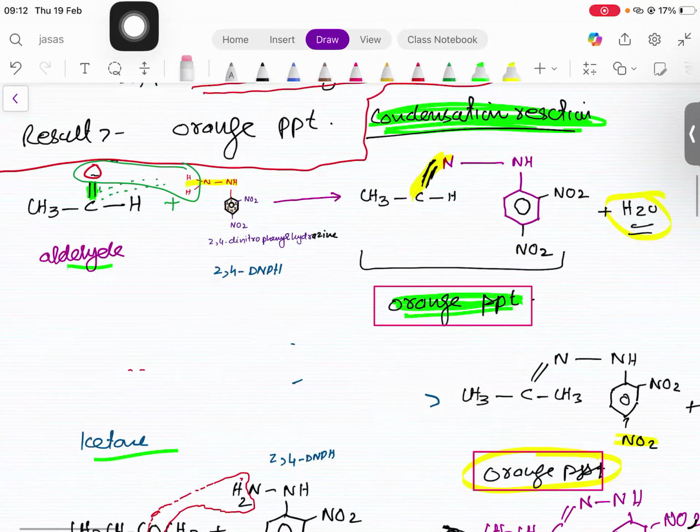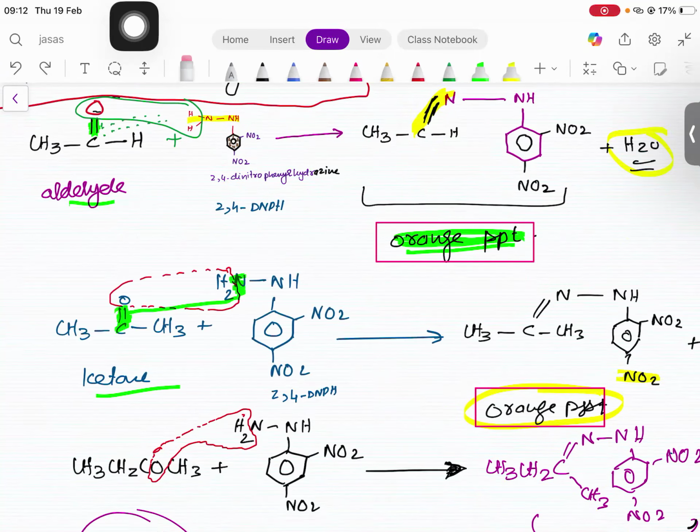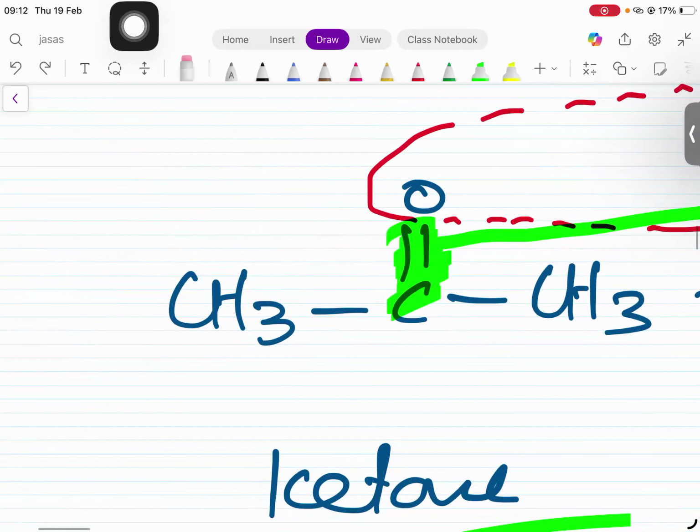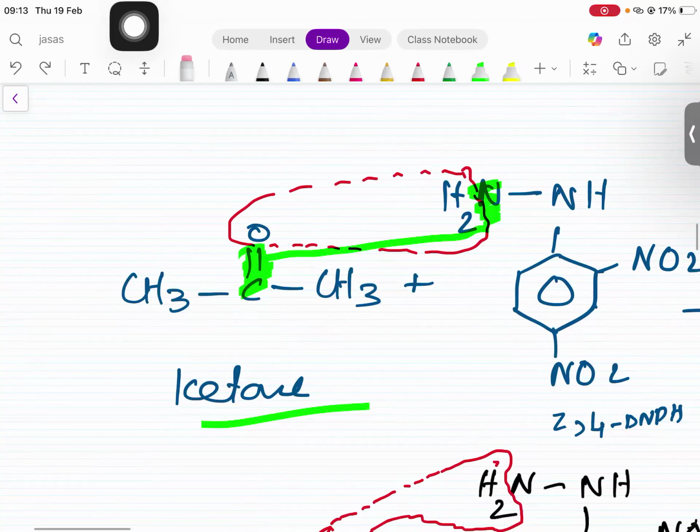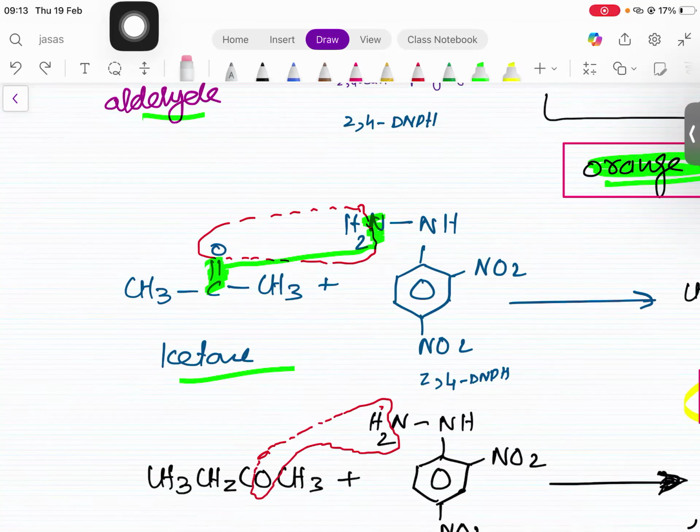If I have a ketone here, for example, and I give it 2,4-DNPH, what will happen? The 2 hydrogens of 2,4-DNPH combine with the oxygen to form H2O, and this ketone is going to attach with this. And what will be the product?